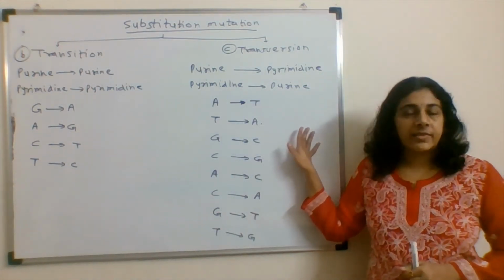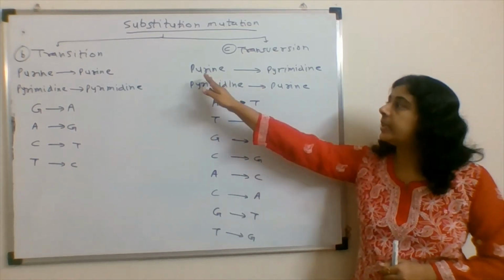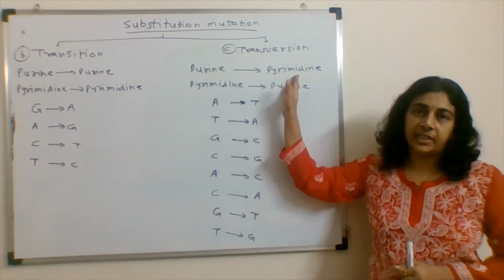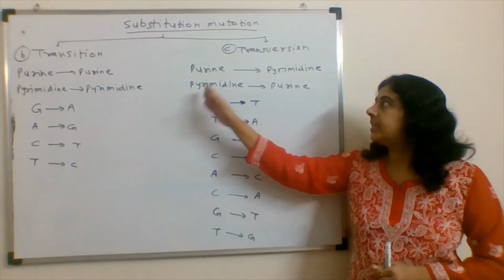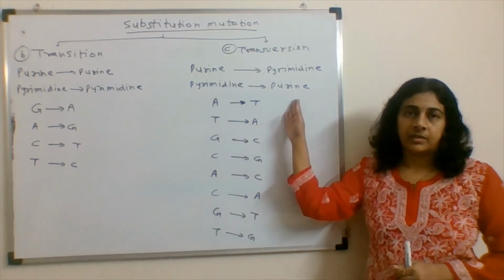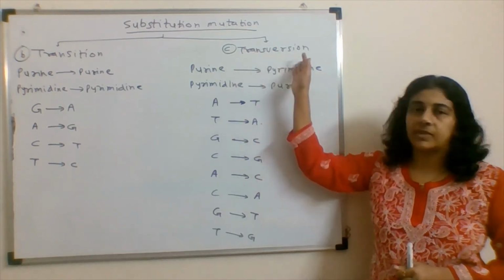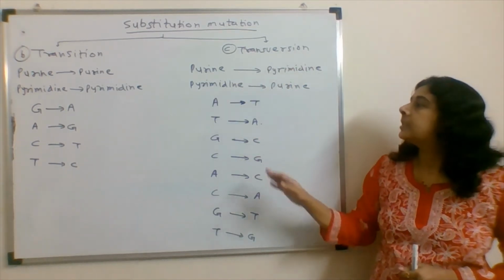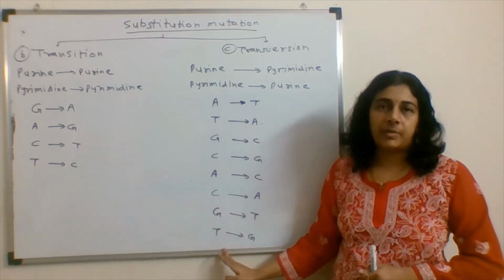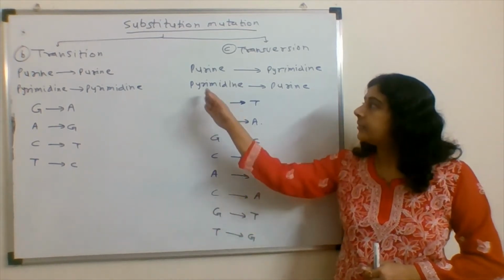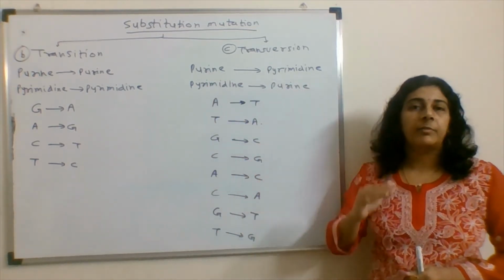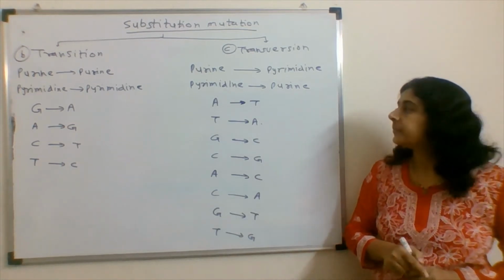When a transversion occurs, a purine gets replaced by a pyrimidine or a pyrimidine is replaced by a purine. So this type of mutation is called a transversion. Here 8 possibilities are there when we say purine to pyrimidine or pyrimidine to purine.